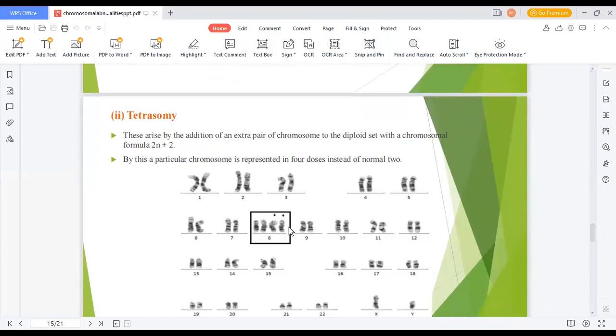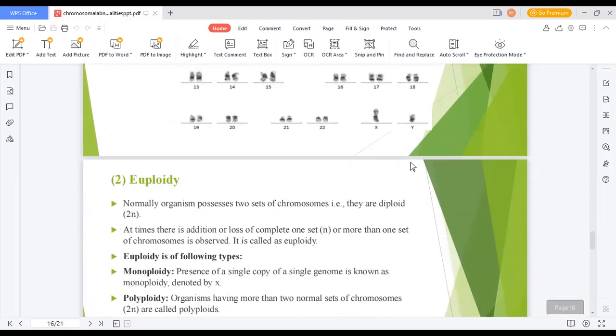Tetrasomic means this karyotypic figure says that the 8th chromosome is in 4 times. 4 times means these down arrow chromosomes are additionally added to the organism at the time of fertilization. By this, a particular chromosome is represented in 4, instead of normal 2. So this is the tetrasomic condition we can see.